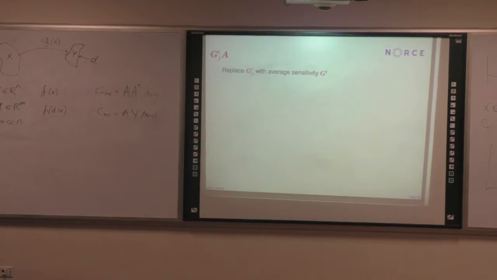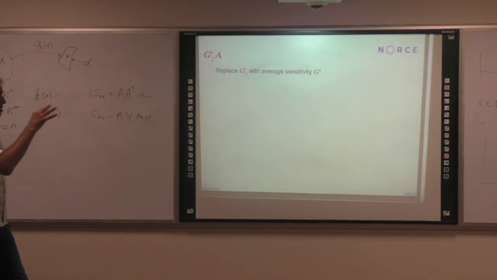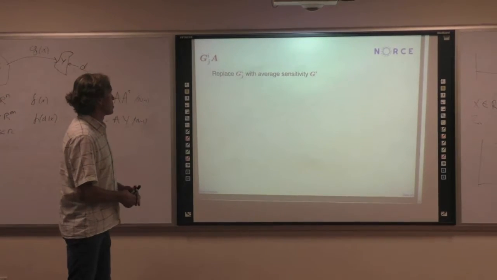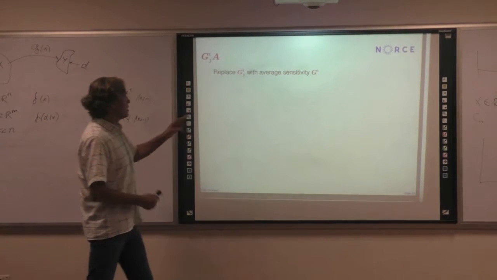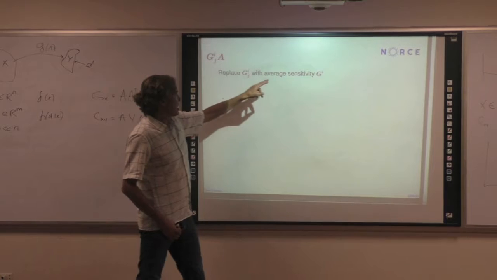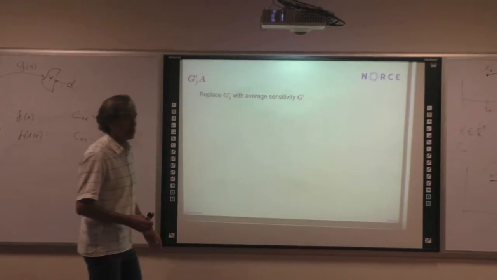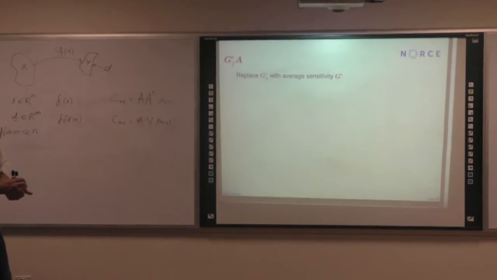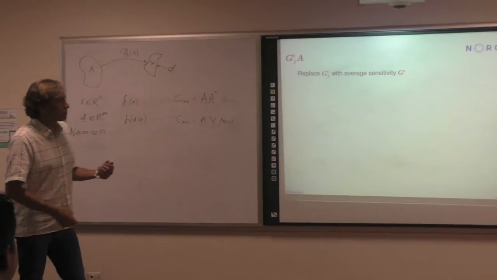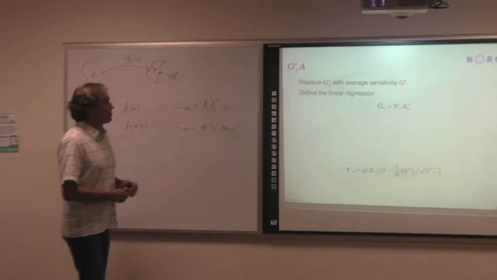Okay, I think I showed this quickly the other day, but I have a simpler version of it here. So the first thing we do, we replace this one, G_ij, with an average sensitivity. i is not an iteration, right? So in each iteration, we have an average sensitivity. And then we define a linear regression.